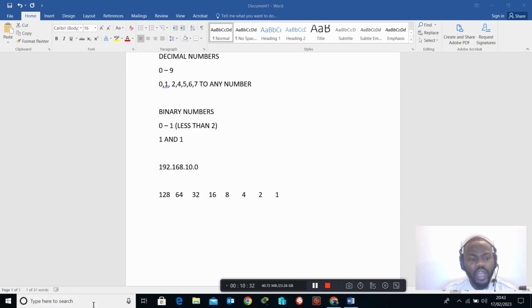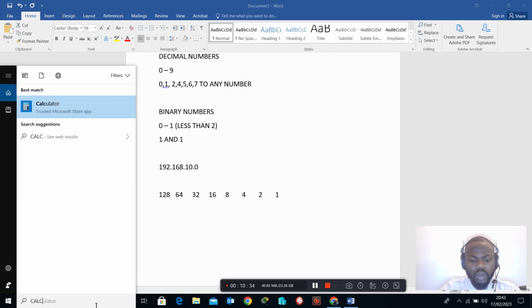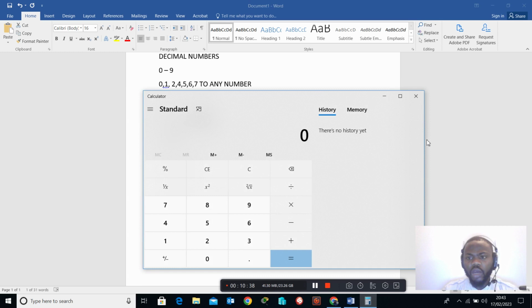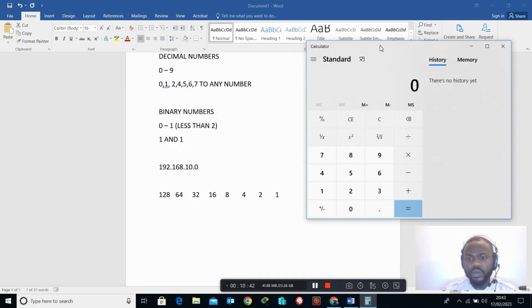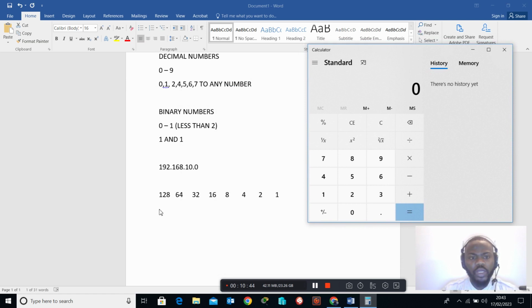So to do 192, let me get my calculator, and I'll make it a bit smaller so that we can fit it on our screen. Now, I want to do 192 first. The first question I'm going to ask you is: is 192 greater than 128 or 128 greater than 192?